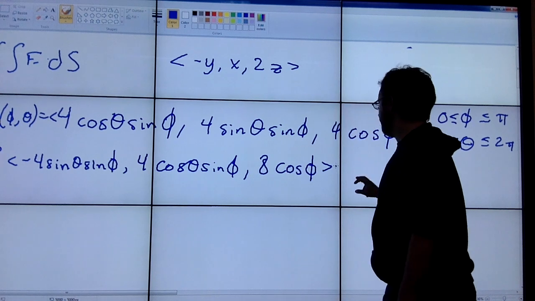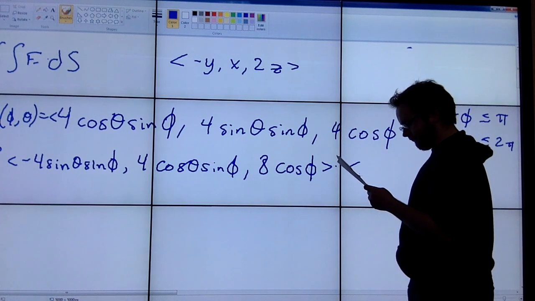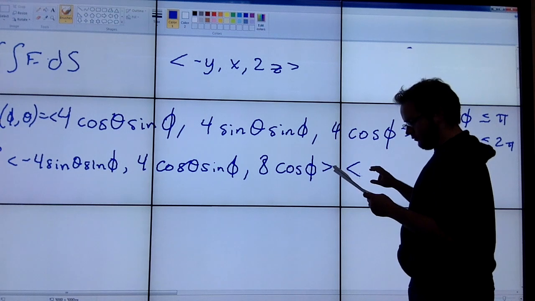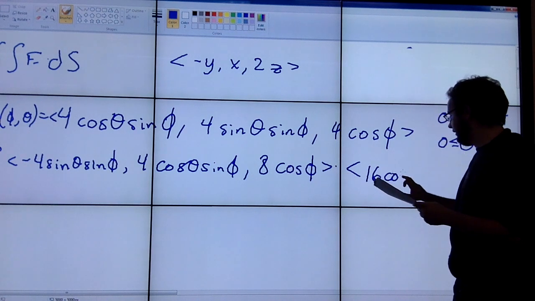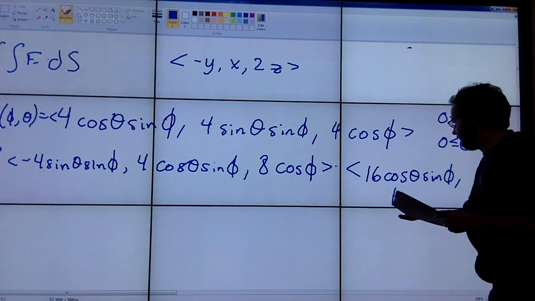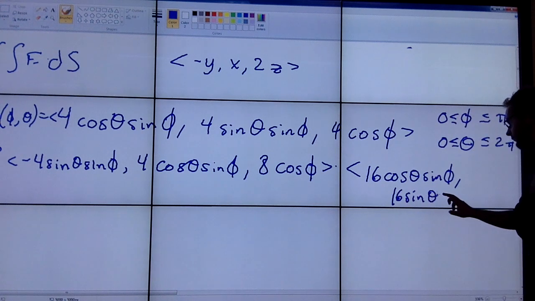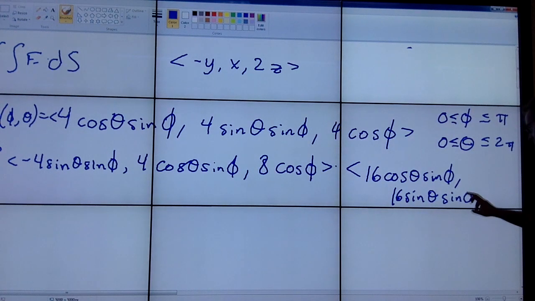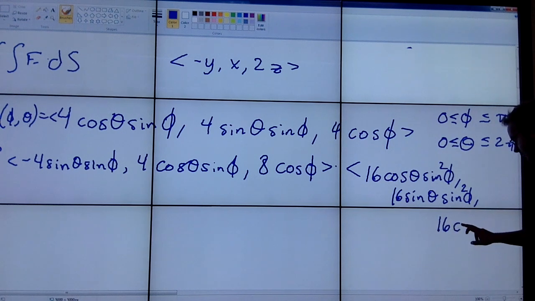And we're supposed to dot this with the mess: 16 cosine theta sine squared phi, comma, 16 sine theta sine squared phi, comma, 16 cosine phi sine phi. This is a giant monstrosity to dot product out.